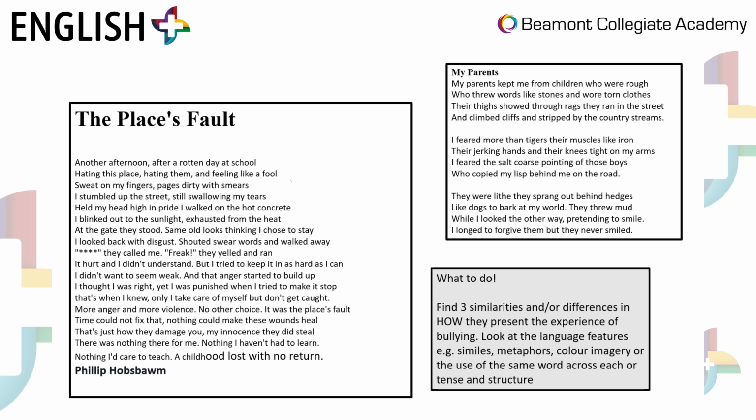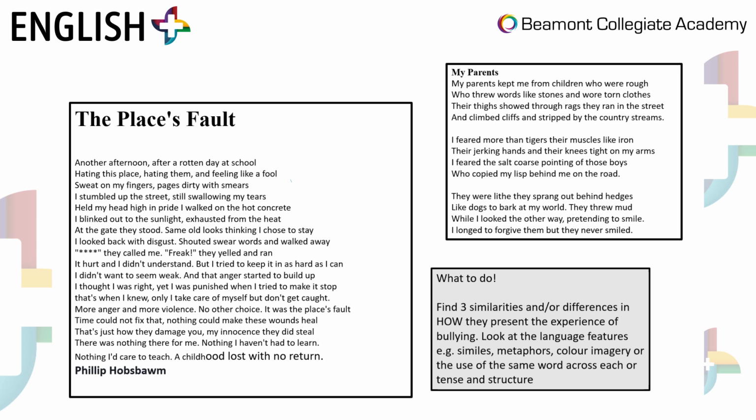So you'll see there on the left you've got The Place's Fault, and then you've got this other poem called My Parents. Okay, so quick read of that. My parents kept me from children who were rough, who threw words like stones and wore torn clothes. Their thighs showed through rags as they ran in the street and climbed cliffs and stripped by the country streams.